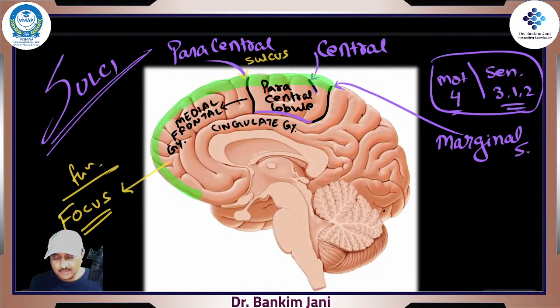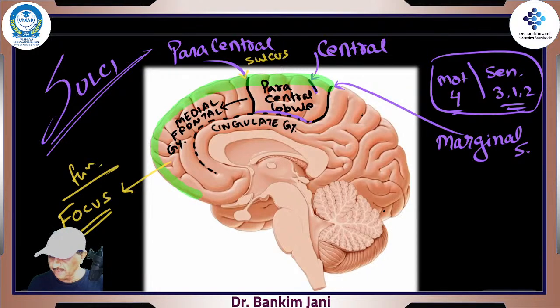Well, here it is. If you extend the marginal sulcus, I'm putting it in the form of dots, it is giving the formation of a new sulcus, and that sulcus is called the cingulate sulcus, correct?